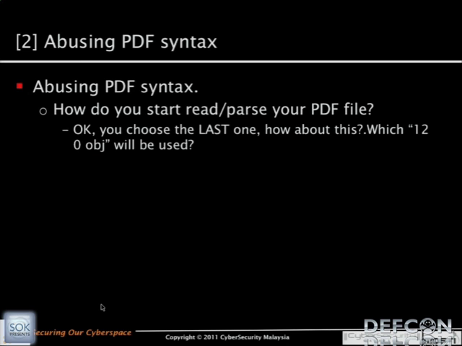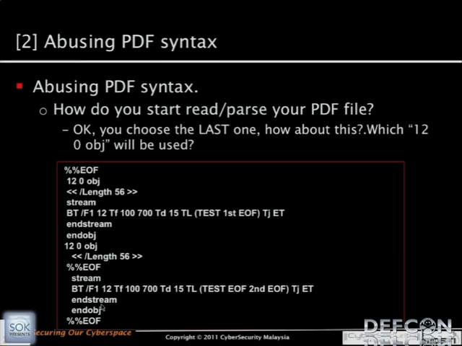Okay, if you choose the last EOF and take a look at object 12, in this one you have multiple object declarations for object 12. For example, you have 1, you have 2 here.